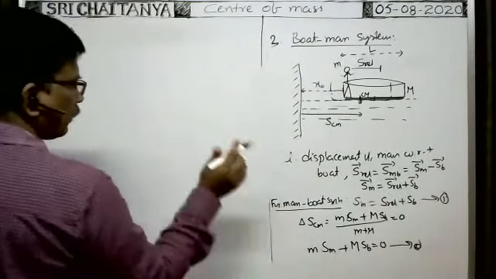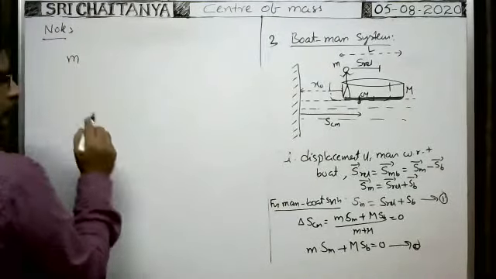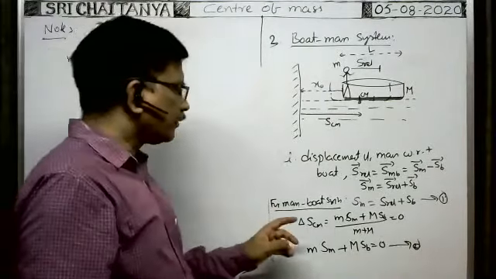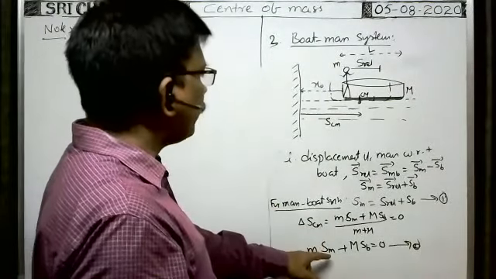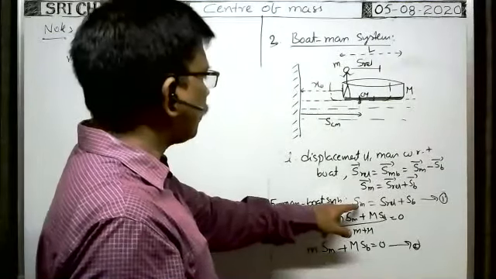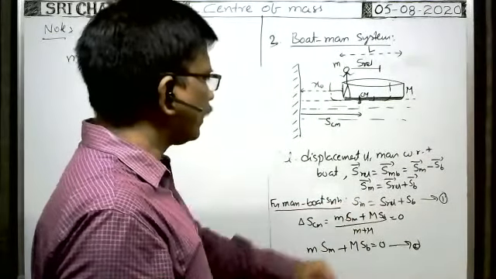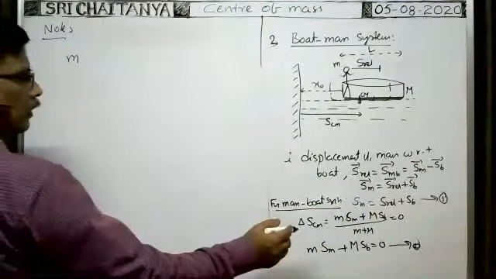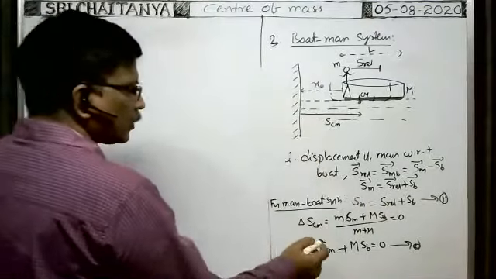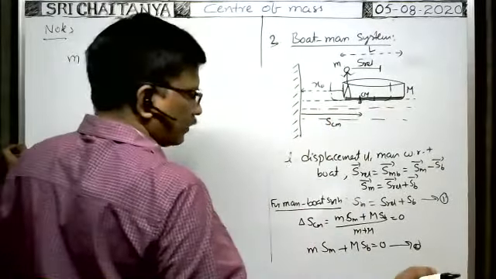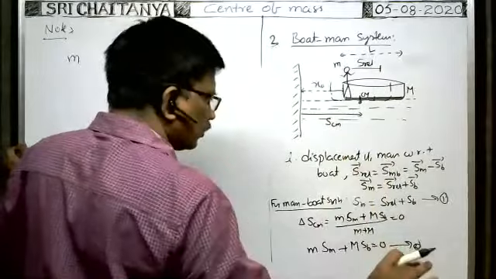Okay, here from this formula you see m into displacement of the man. Suppose you want to find the displacement of the man with respect to earth and the displacement of the boat with respect to earth.